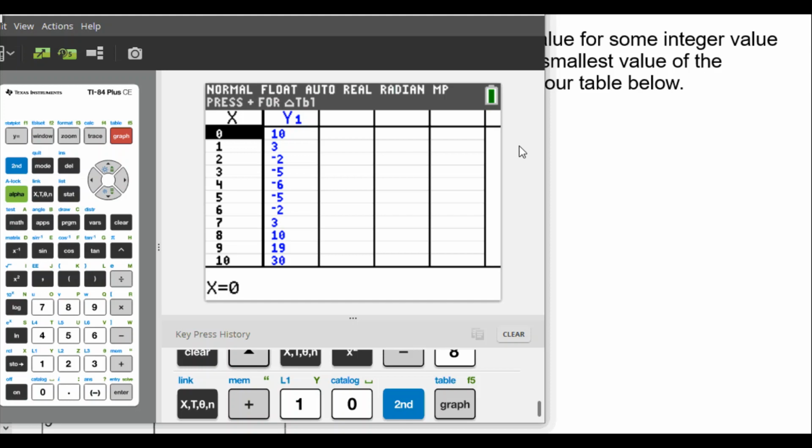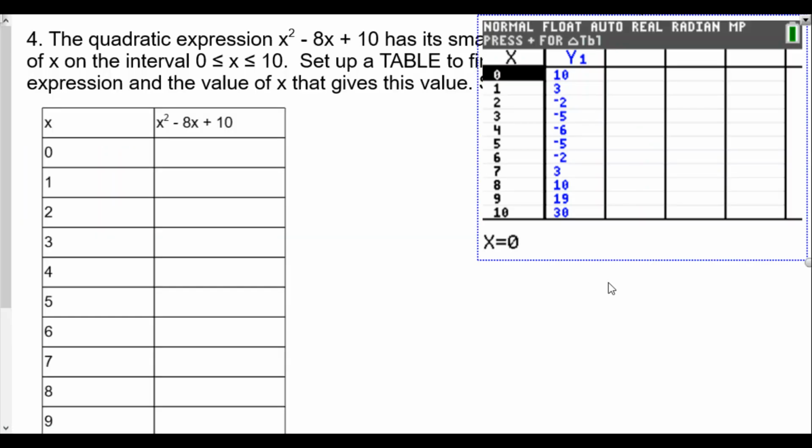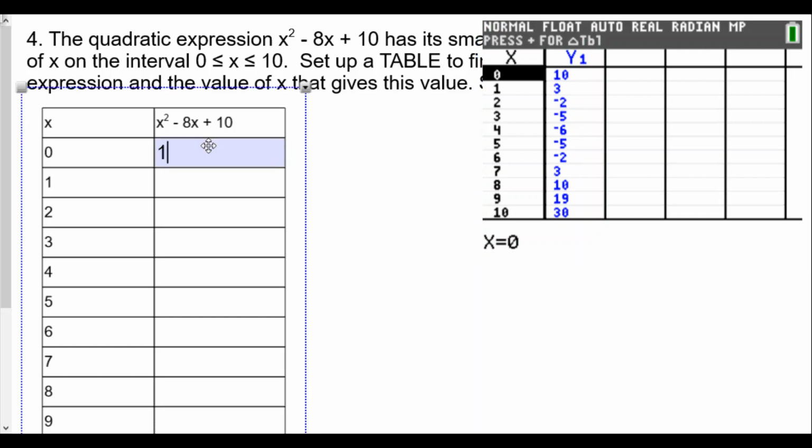So 10, 3, -2, -5, -6, -5, -2, 3, 10, oops, that should be 8 here.